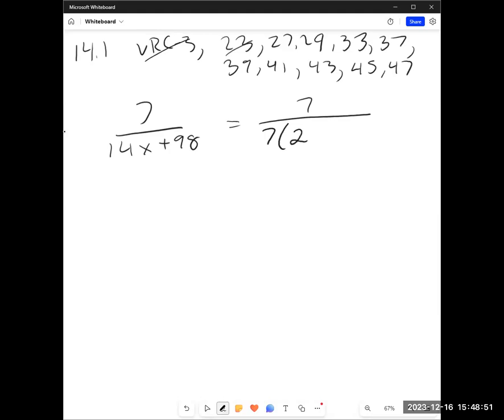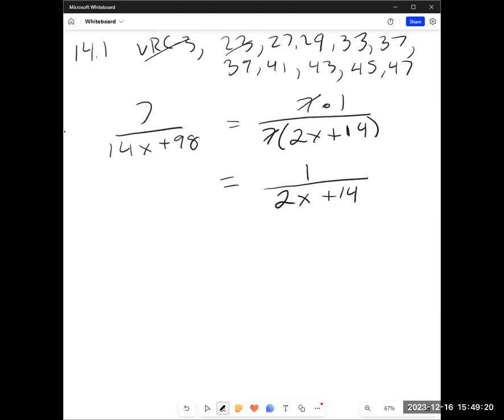So let's make this a 2x plus 14 in the denominator. The reason I only pulled a 7 out and not a 14 out is because there's only a 7 in the numerator to cancel with this 7. You could have pulled the 14 out and then it would have canceled and left a 2. But I'm going to leave this as 2x plus 14 in the denominator.